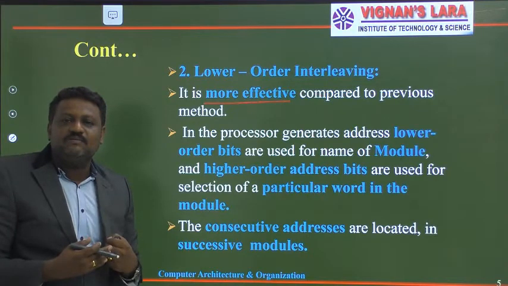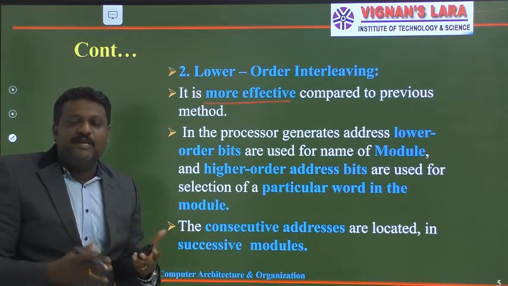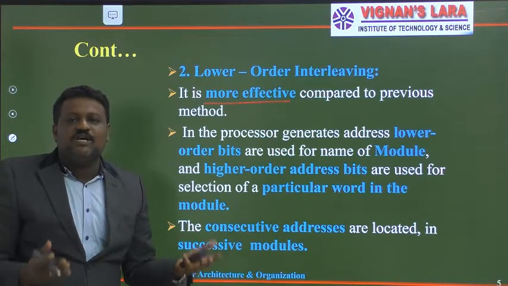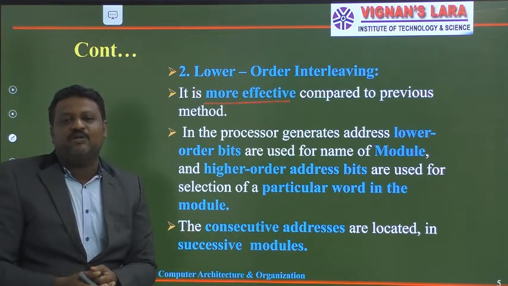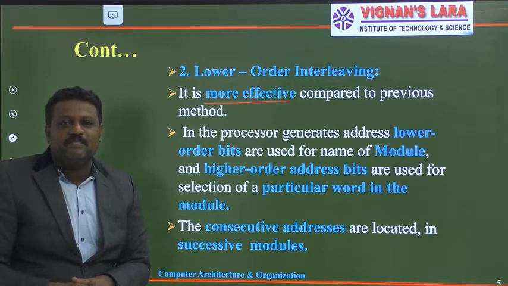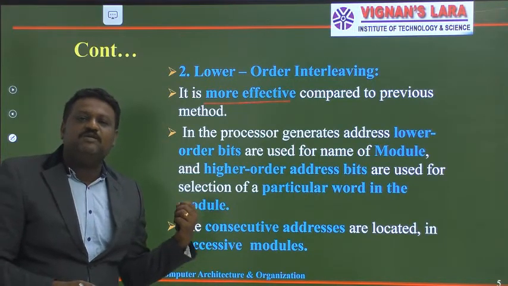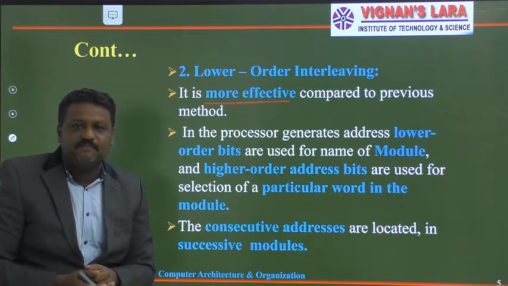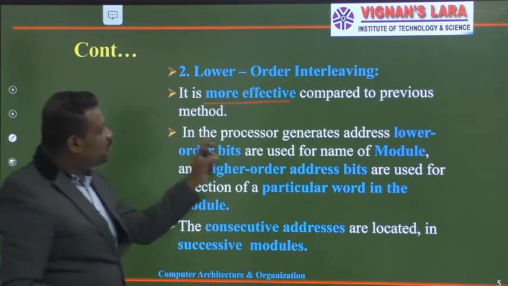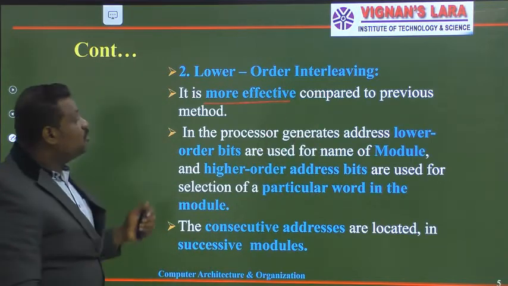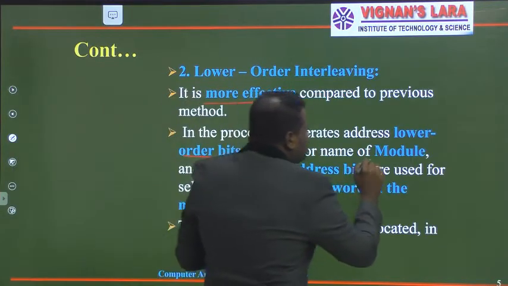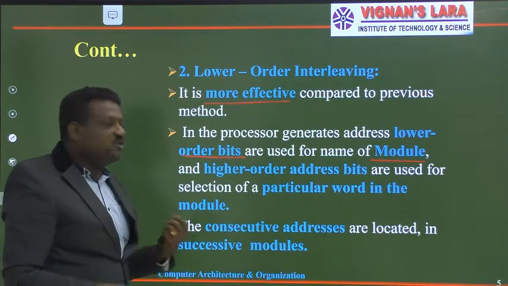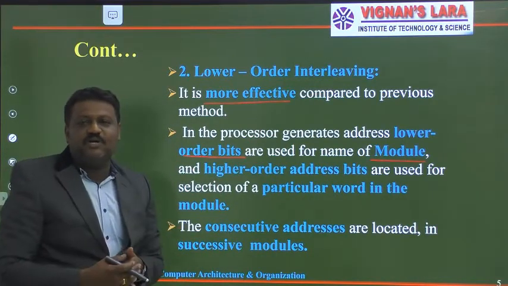How is it effective? It is effective because in order to access successive words from memory locations, no doubt more than one module is active simultaneously. That's why this second method of interleaving is more effective compared to the first method. So what do we do in this? In the processor generated address, the lower order bits are used for the selection of a module, and the higher order bits are used for the selection of a particular word.